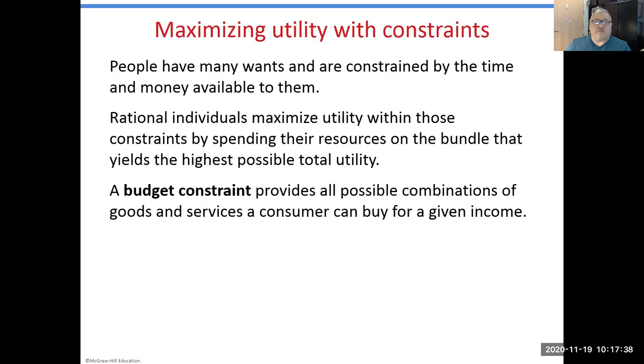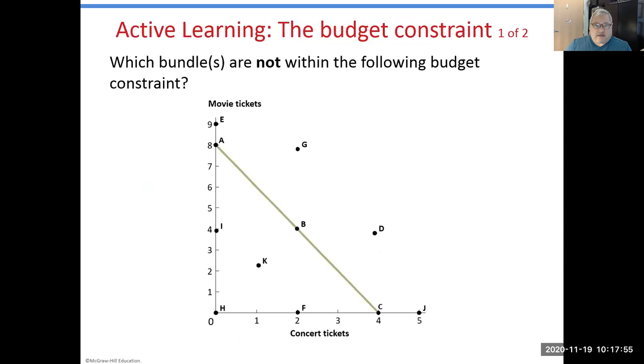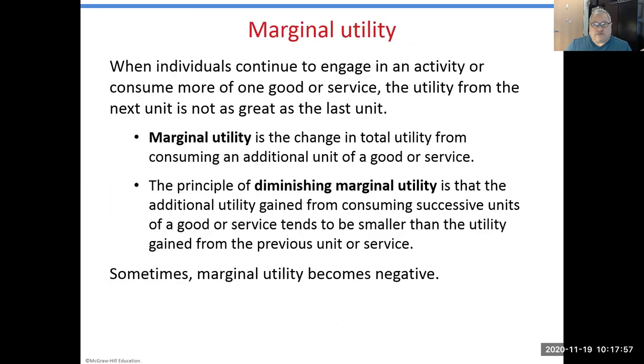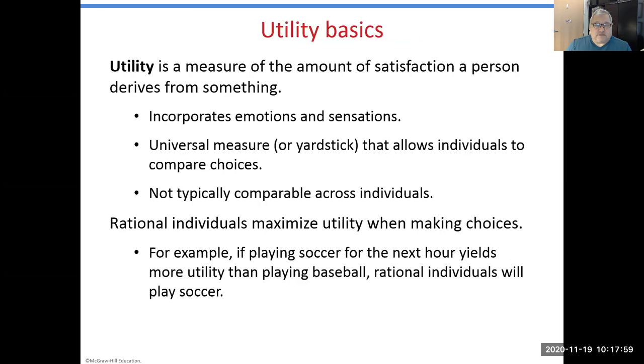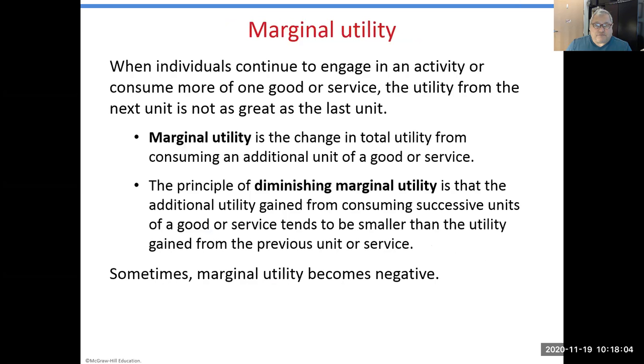So we can't get everything we want, and the budget constraint is how we model what we can afford to get as consumers when we are looking to buy or make decisions about purchasing a good or a service in an economy. So those are the two different concepts that get combined into a metric.